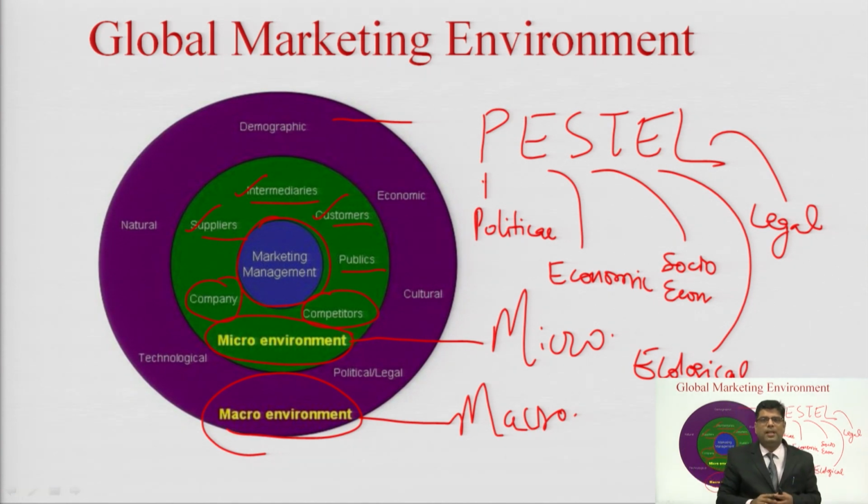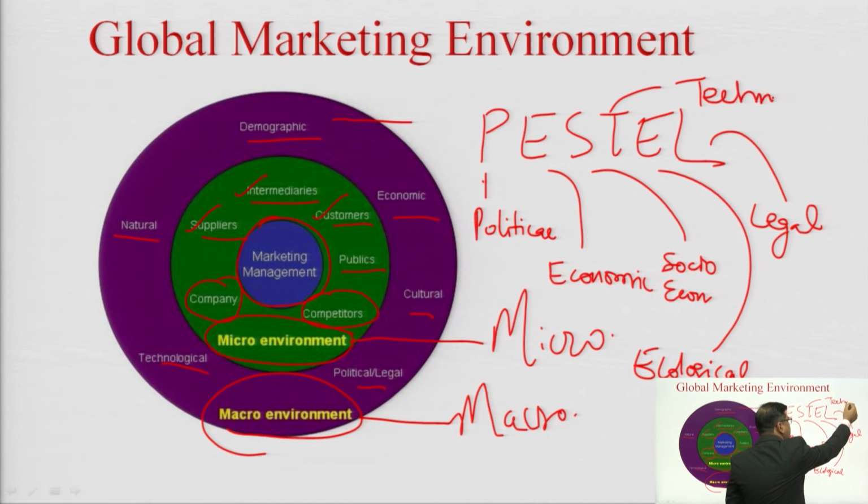So, PESTEL is an acronym which can be used for explaining the macro environment, which is out of control of the organization. And here are the natural or ecological environment, the demographic, economic, cultural, political, legal and technological environment, which is written here.